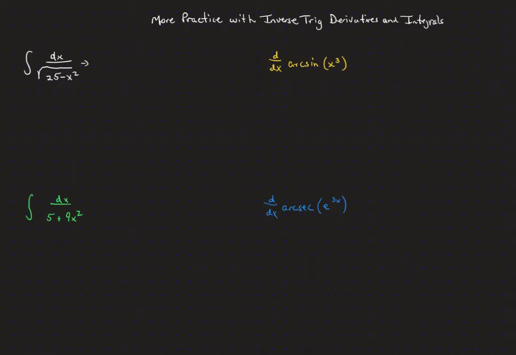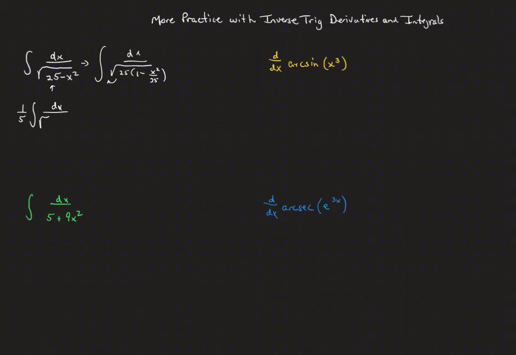So in moving to that end, we're going to try to make a 1 where we see the 25, and so we will factor that 25 out. That will leave behind a 1 minus x squared over 25. The 25 will come outside the radical as 5 and outside the integral as 1/5.